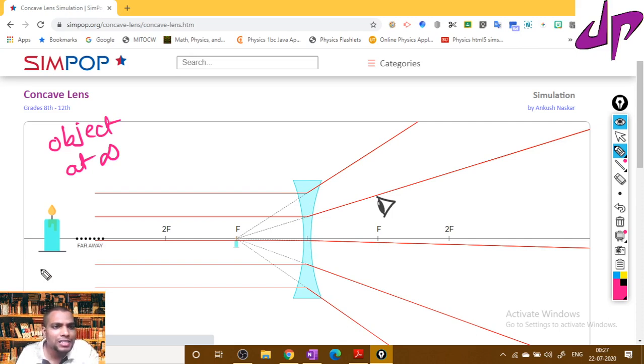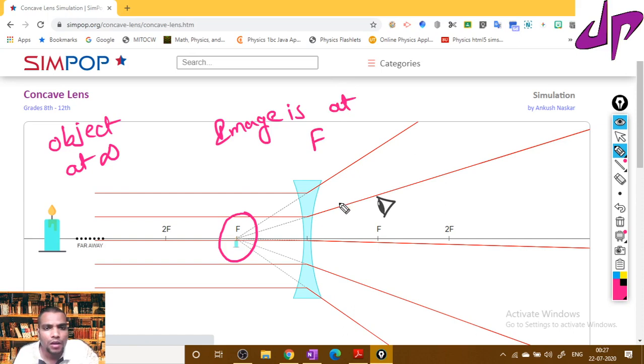If the object is at infinity, where is the position of the image? Now here you can see the image position is at F. Image is at F, and the image also forms on the same side. So if the image forms on the same side, we can say that the image is virtual.